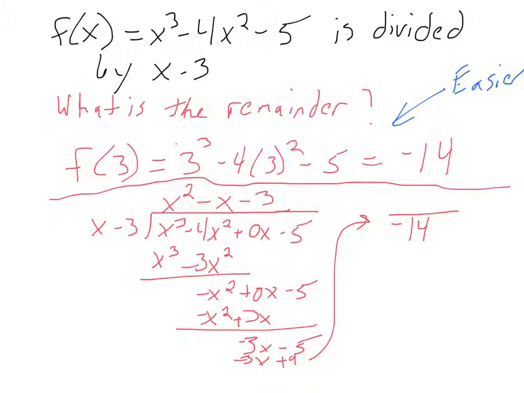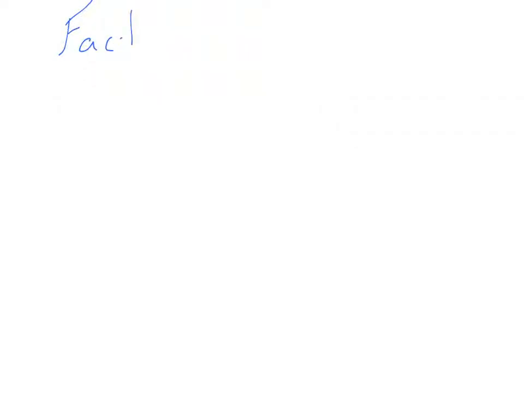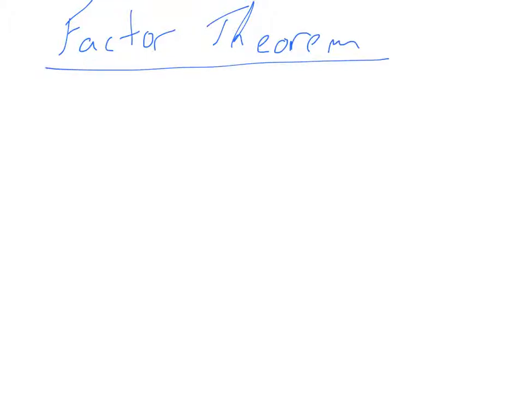So the next theorem, which is probably the most important theorem that we're going to learn today, factor theorem, is important because it's going to allow us to solve polynomial equations through this whole division process that I was talking about before.